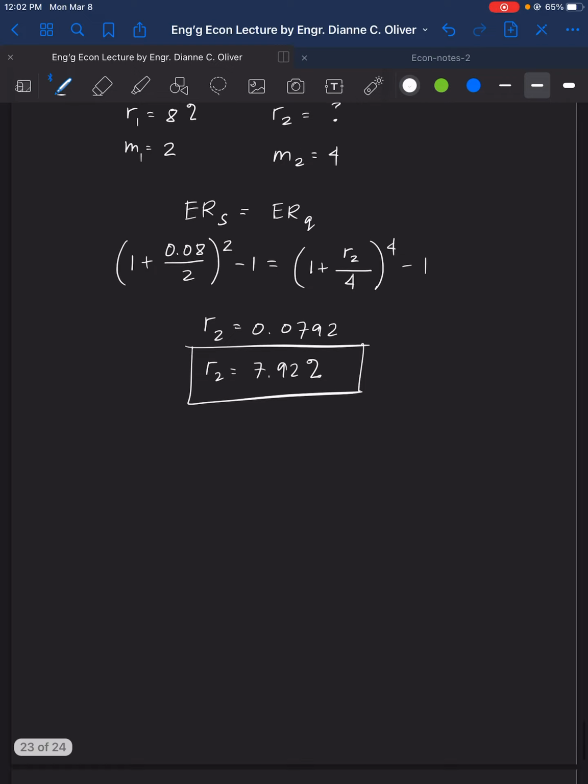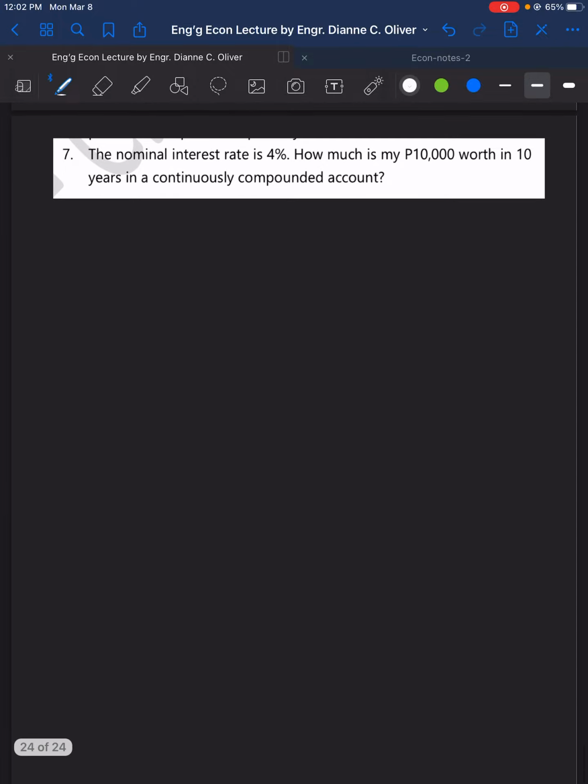For the last problem, we have the number 7. The nominal interest rate is 4%. How much is 10,000 pesos worth in 10 years in a continuously compounded account? So there's the word again, continuous.